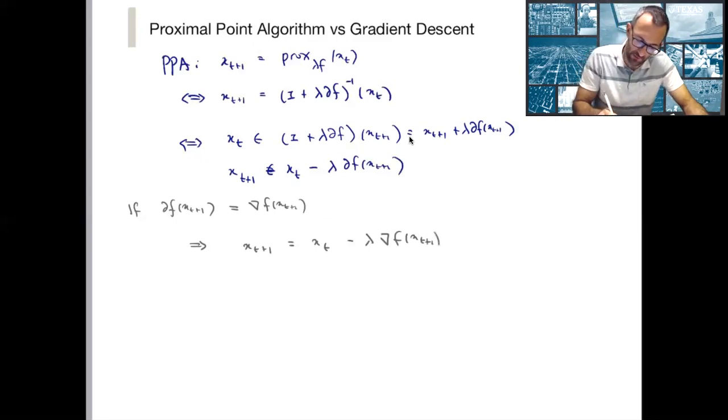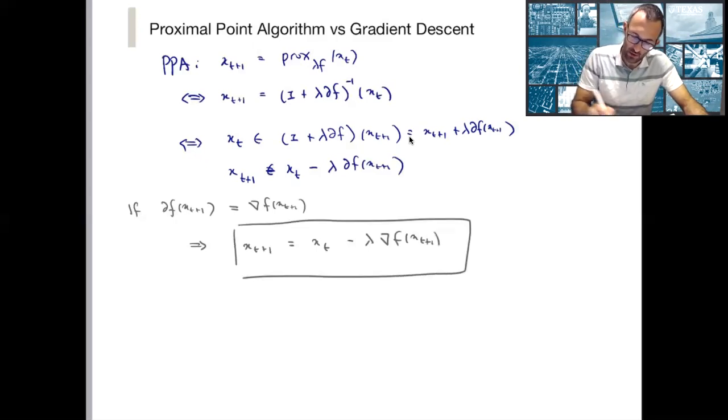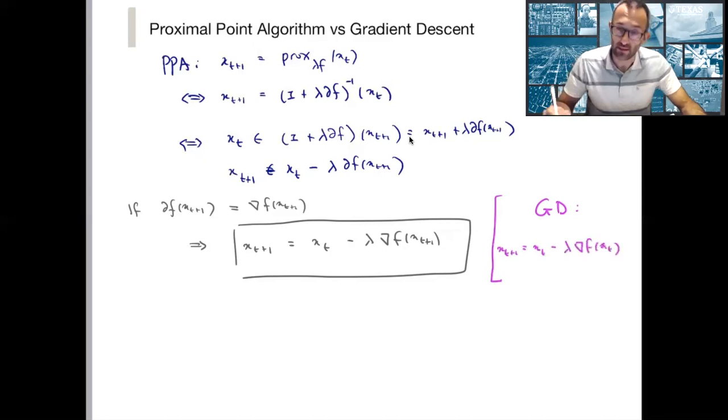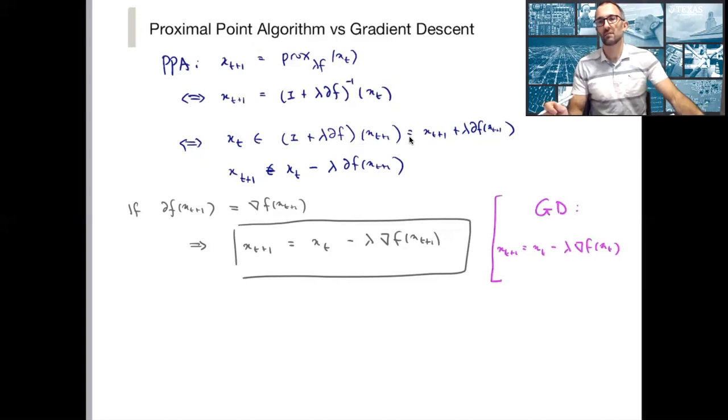Right? This is the key difference. So note that gradient descent is x_{t+1} equals x_t minus λ gradient f of x_t. But that's not what we have here.